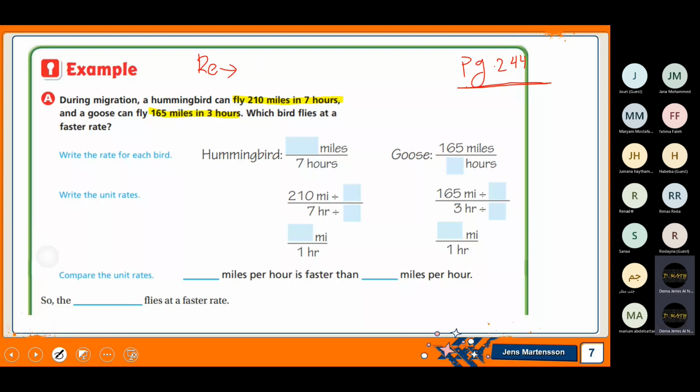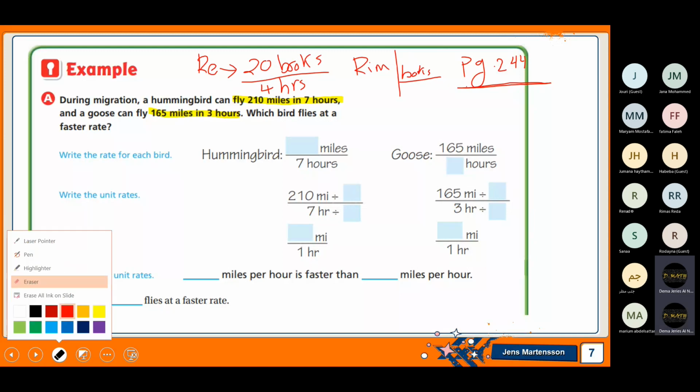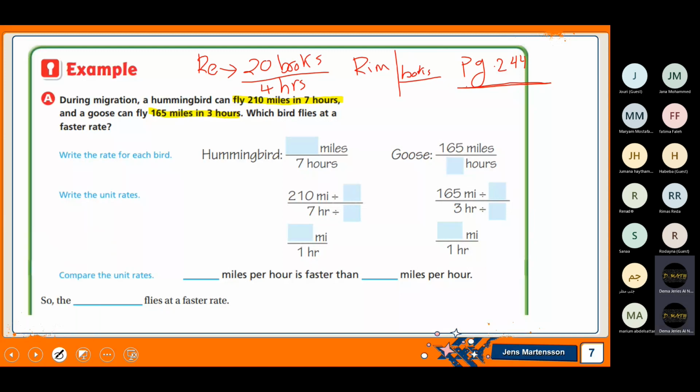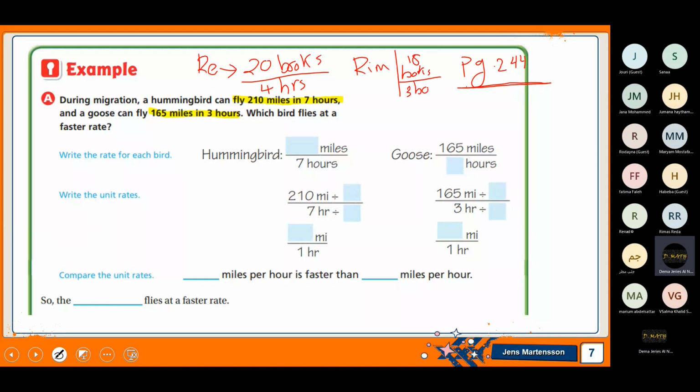I'll give you more examples. 20 books per 4 hours. And Rimas read 18 books per 3 hours.